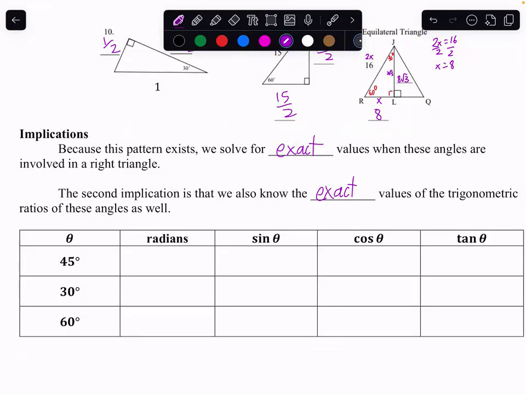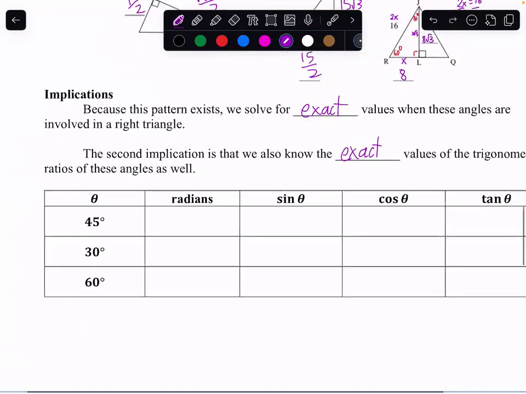So that means that for these key angles, we can know sine, cosine, and tangent without a calculator and without having to actually see a triangle because we already know the relationships. So how do we do that?